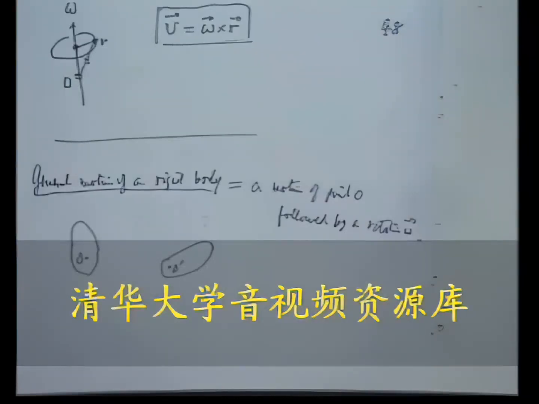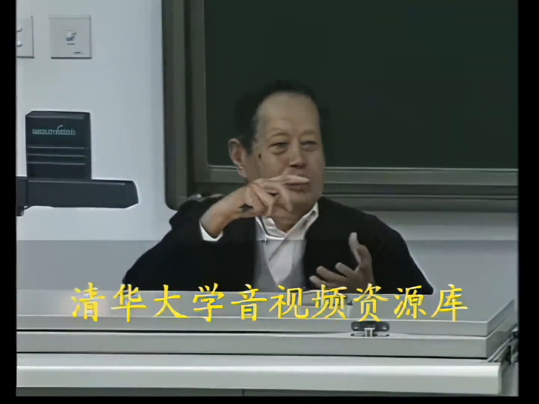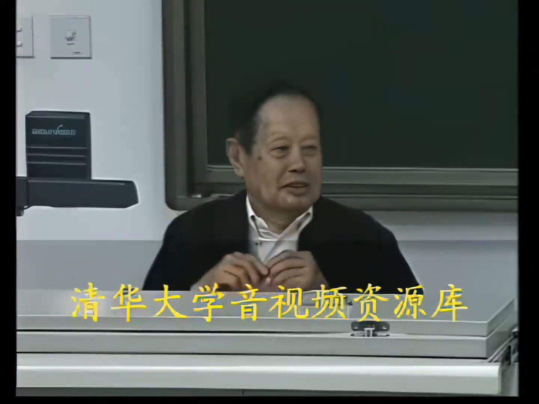That point O is arbitrary, but it's the most convenient if we take it to be the center of mass. So we usually think of the motion of a rigid body to be the motion of its center of mass plus an omega around the center of mass.